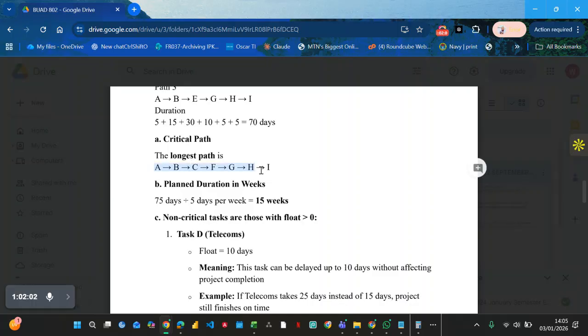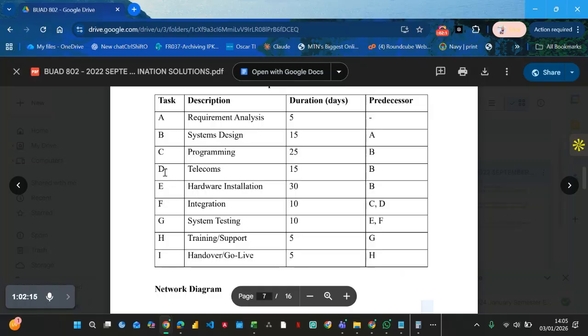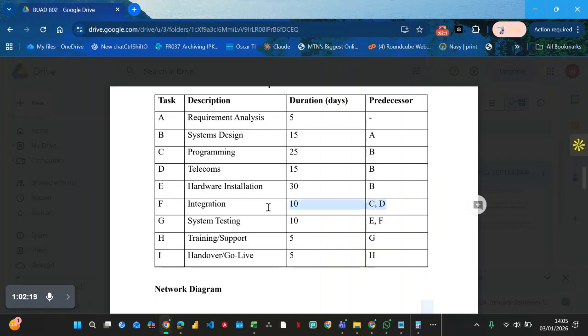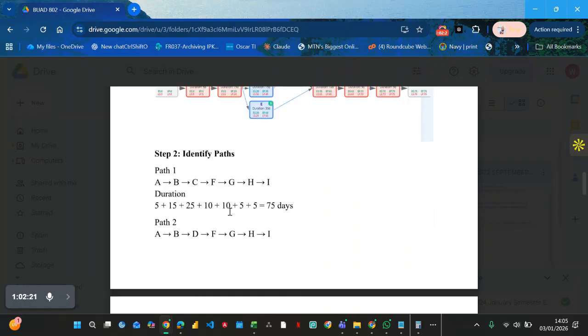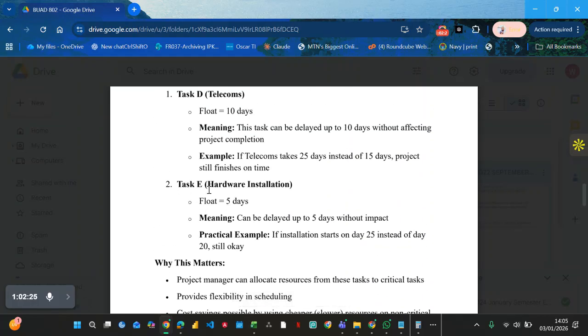So that means the D activity, you can actually delay this task, but it will not affect the project because this is our critical path. If I delay D, nothing will happen to my project. D is here, which is 10.